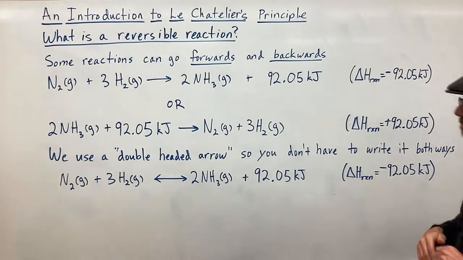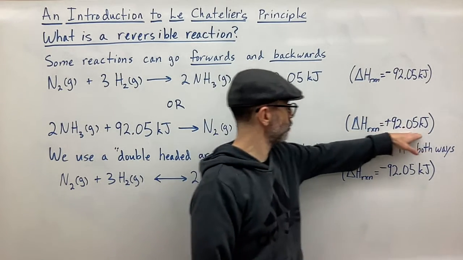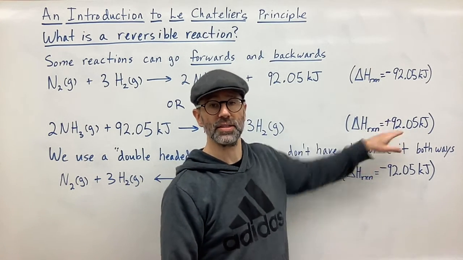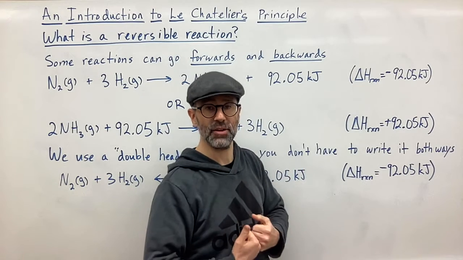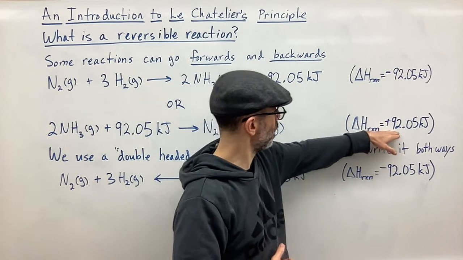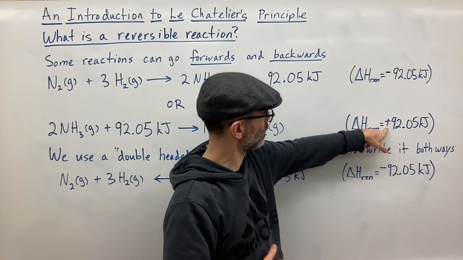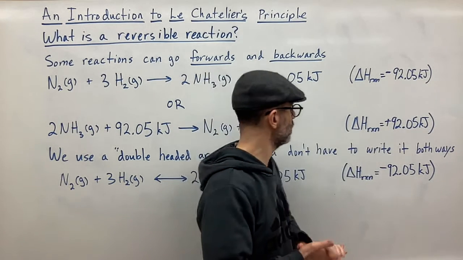And you'll notice that the delta H of the reaction is the same magnitude, same number, except now it's a positive value. Why? Because the system is gaining energy, and so that gaining is symbolized or represented by this positive sign. So you're gaining energy, so that's going to be positive.